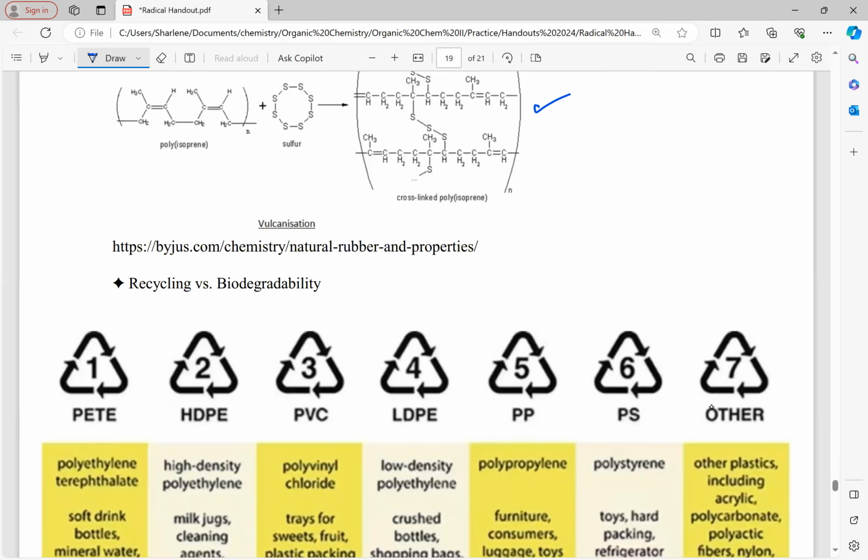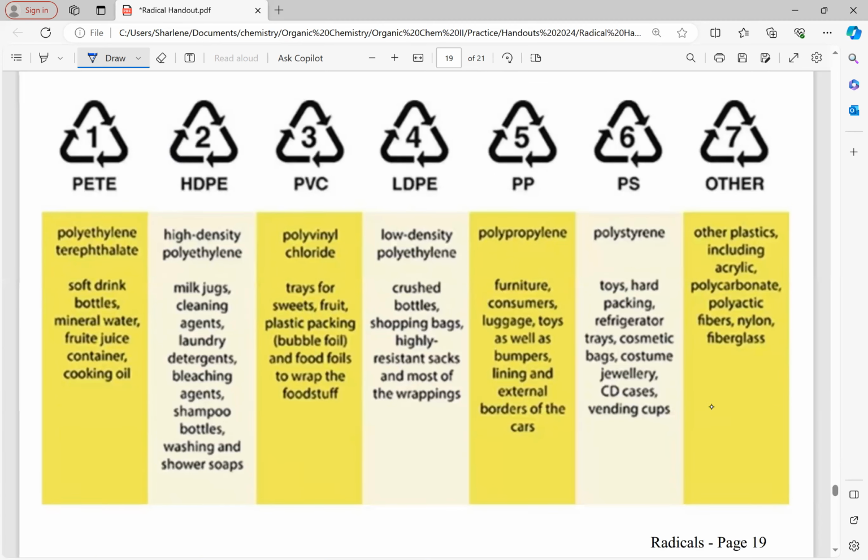And last but not least, we cannot finish our chapter unless we talk about, can you recycle it? What happens to it? So each of the numbers on your recycling stands for specific types of chemicals or polymers. So number 1 is polyethylene terephthalate. That's so hard to say. Terephthalate.